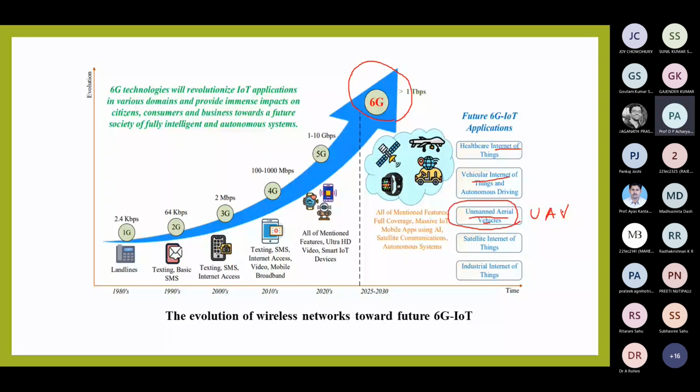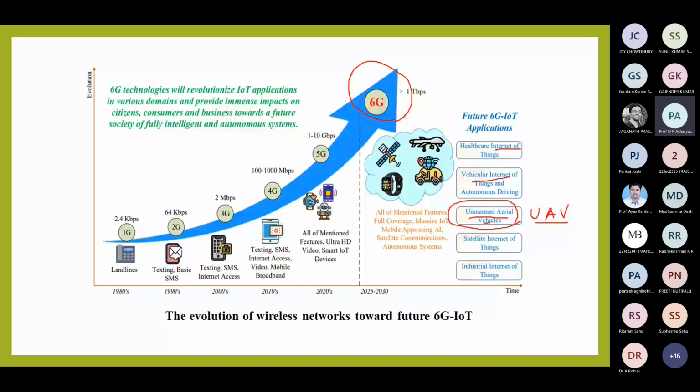So UAVs will be something like drones flying in the sky at a height of 2 kilometers from the surface of the earth, and they are moving dynamically. Each drone works like a base transceiver system, or BTS, and it will dynamically adjust its position based on the requirements.